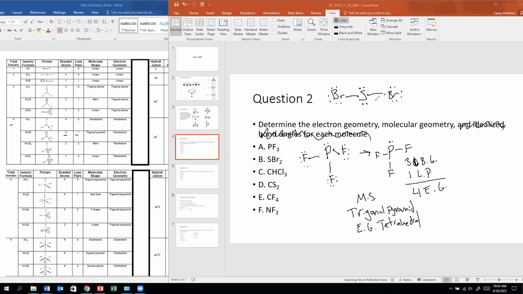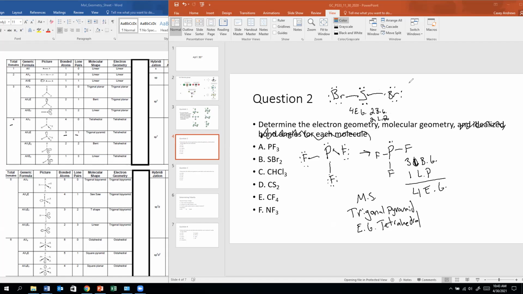So sulfur, remember we only care about the middle atom here, has a total of 1, 2, 3, 4 electron groups. 2 of those are bonding groups. 2 of those are lone pairs. So if we go to 4 domains, 2 bonded atoms, 2 lone pairs, this would be the bent molecular shape.